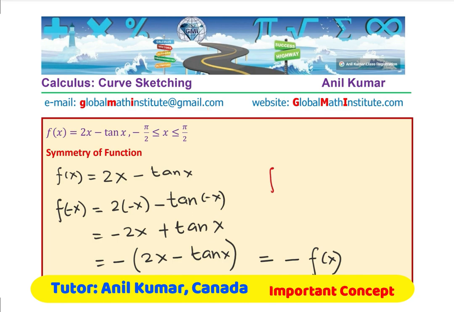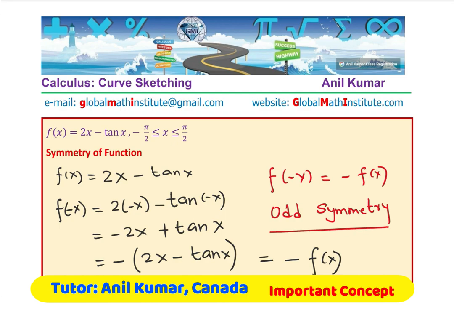Since I've shown that f of minus x is equal to minus of f of x, what kind of symmetry is there? There is odd symmetry. Odd symmetry means it is symmetric about the origin. So we have discovered one more thing about it.